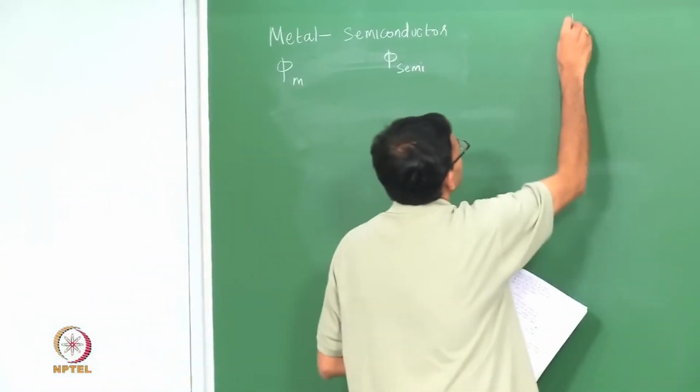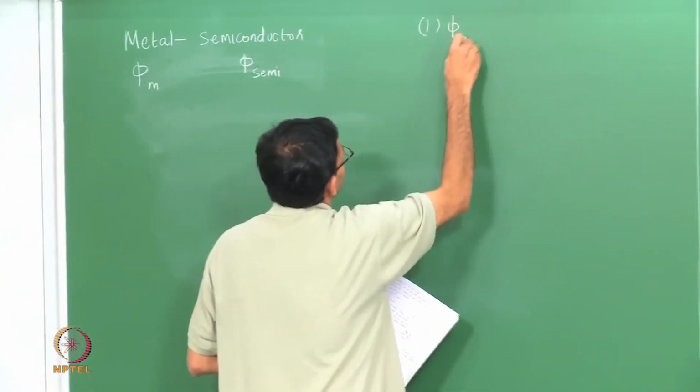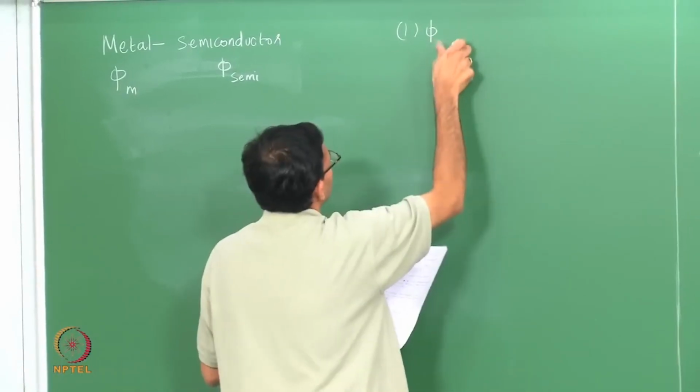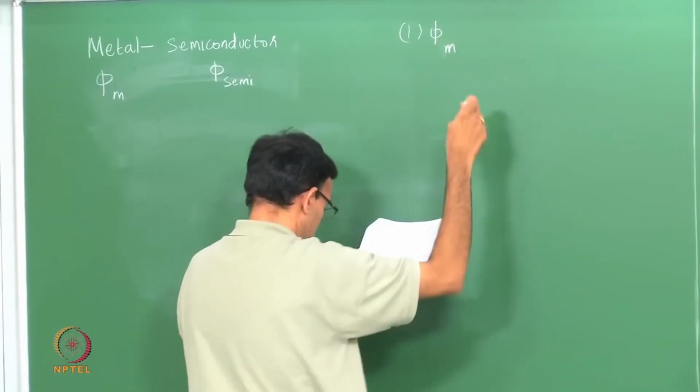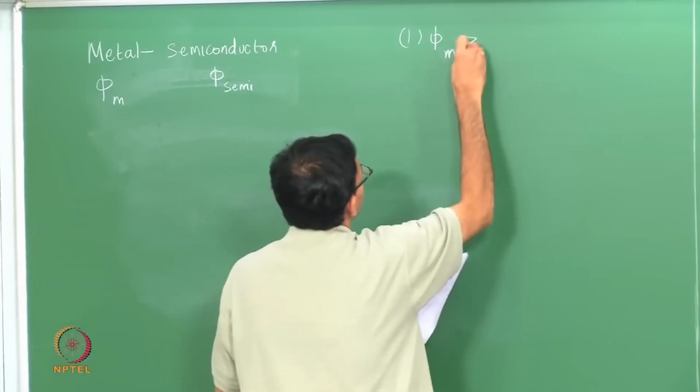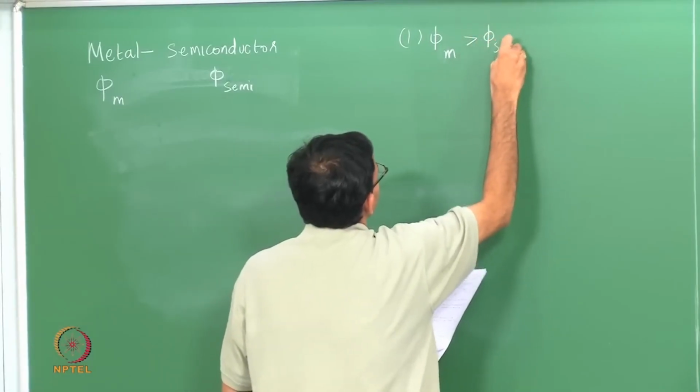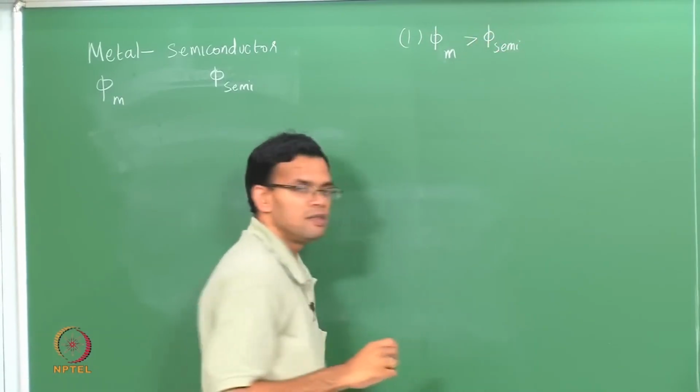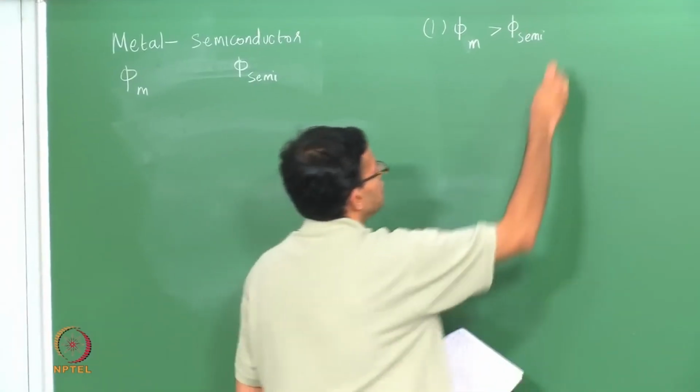One, you have phi m greater than phi semi. This type of a junction is called a Schottky junction.